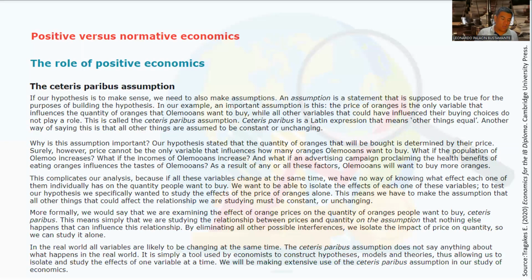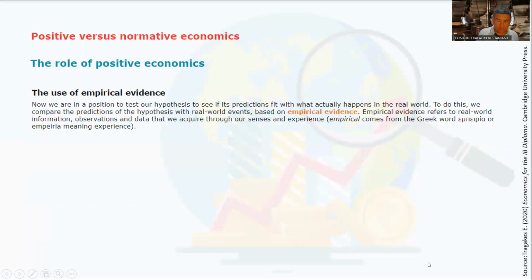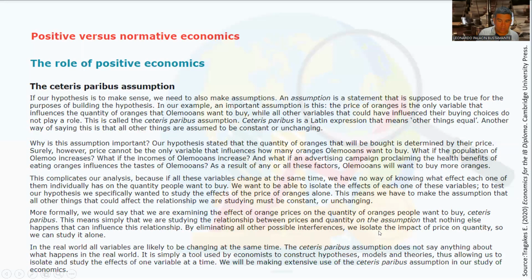Well, in the real world, all variables are likely to be changing at the same time. This is the real world. So the ceteris paribus cannot be analyzed in such a way. That does not have a real effect on what happens in the real world.